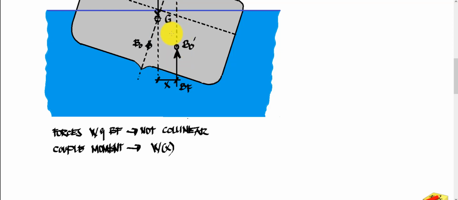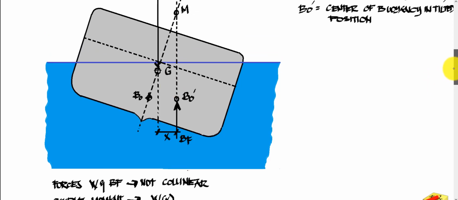Now this body will not overturn if this couple makes the body rotate towards the original position.